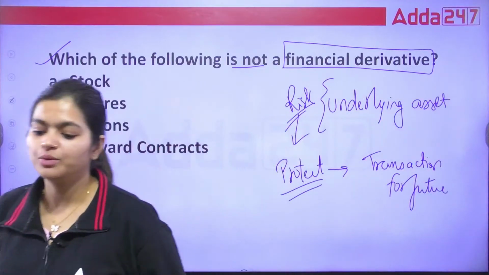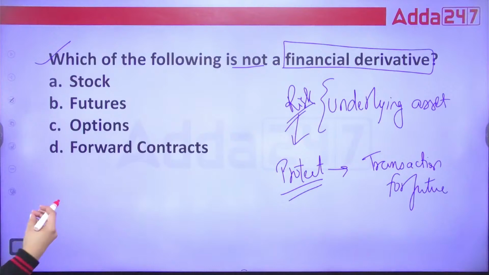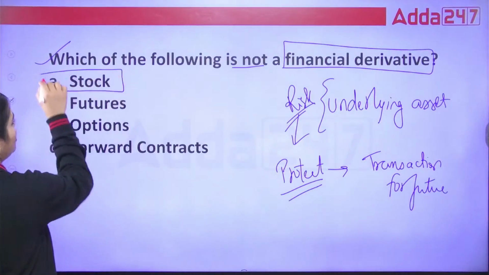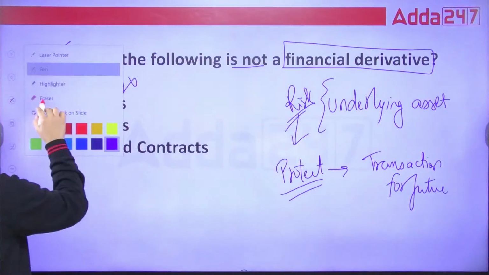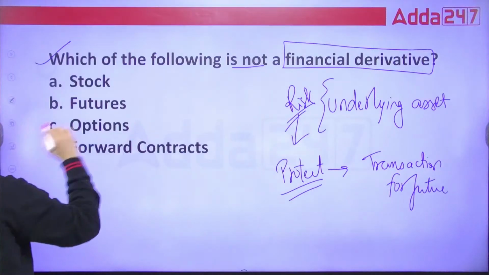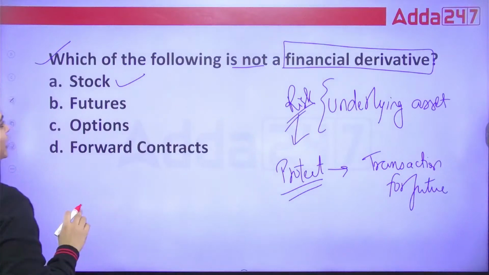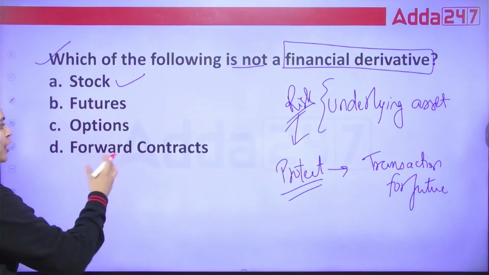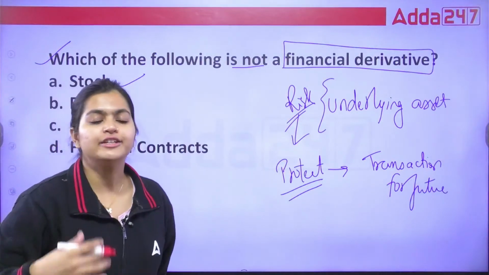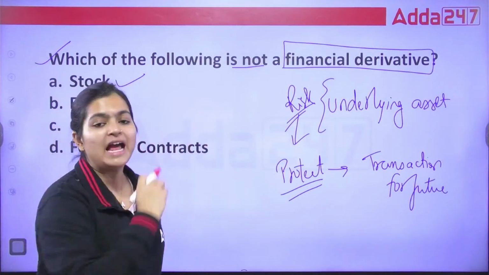So as per this, stock is not a type of derivative. The correct answer of this particular question is your answer A. Futures, options, forwards, all these are different types of financial derivative.